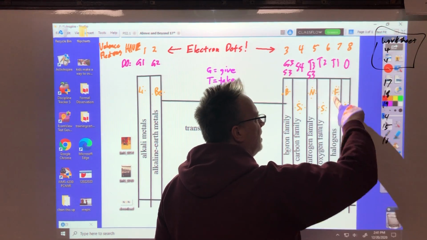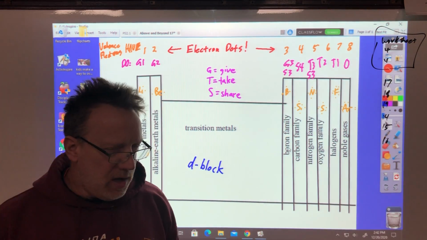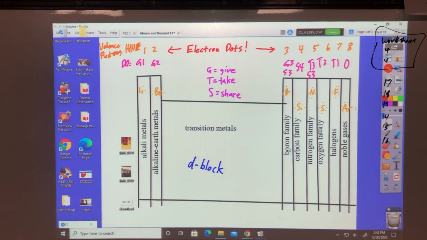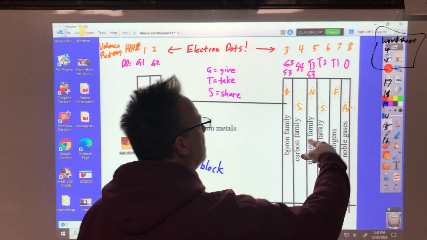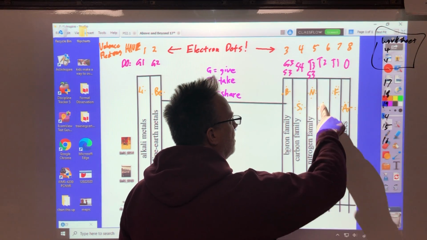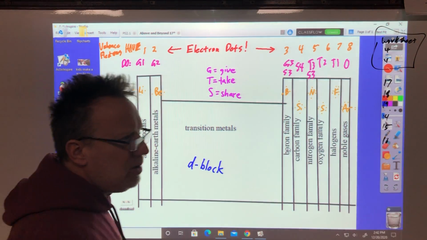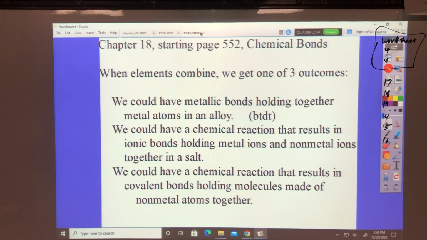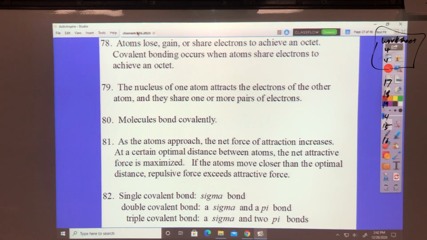It's got 7 valence electrons. They can share more often, they're going to take electrons, but they can share. Selenium, that's below sulfur, which is below oxygen. So it's here, it's going to have 6 valence electrons. It's going to share 2 more.